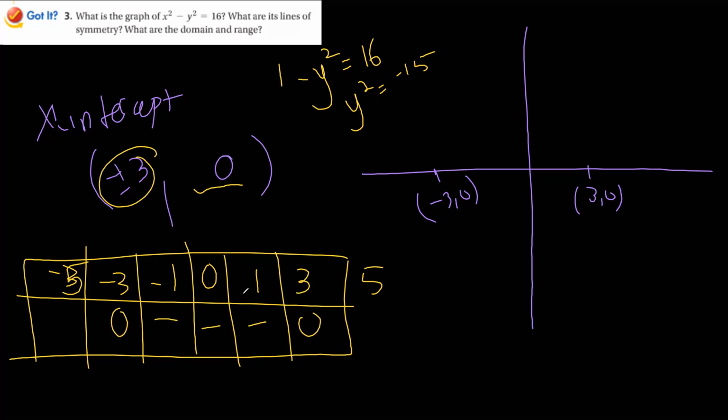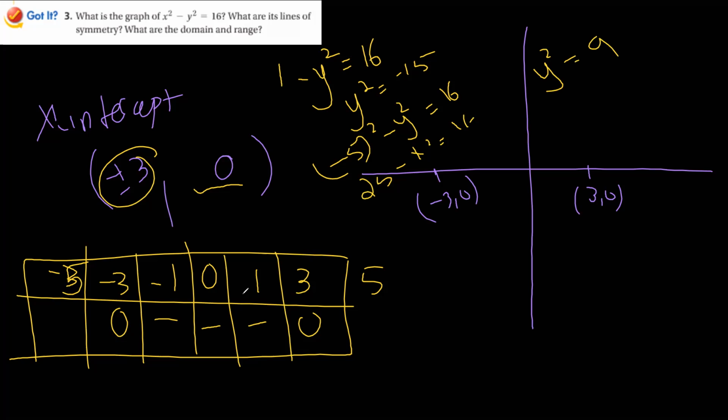What about at -5 and 5? Pick -5 as an example. We will say -5 squared minus y squared equals 16. At -5, it can be, because then you have the sign. 25 minus y squared equals 16, so y squared equals 9. 25 minus 16 is what?